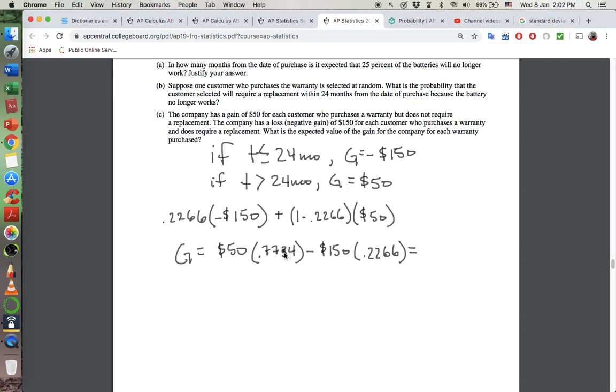And so hopefully for the company anyway, this number is greater than this number. And if the company is smart about its strategy in pricing the warranty, then in fact it will be greater, and what we end up with is $4.68 as the estimated profit from each warranty sold, which is not a whole lot.